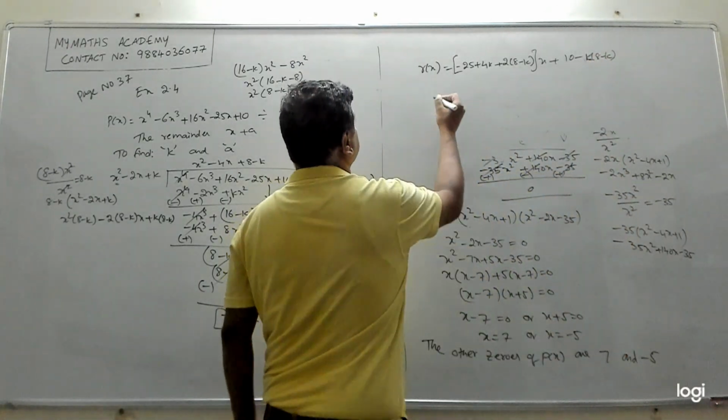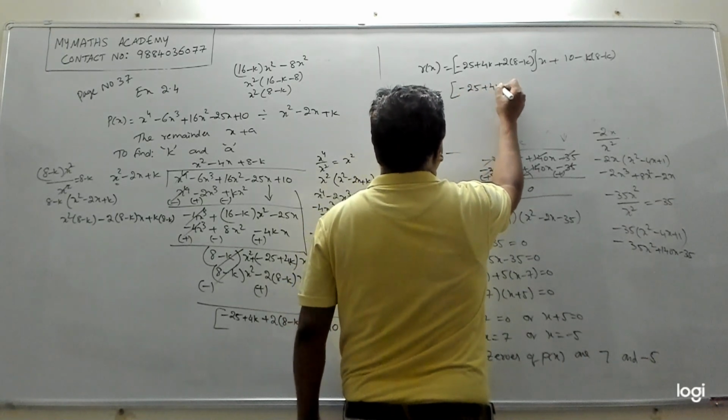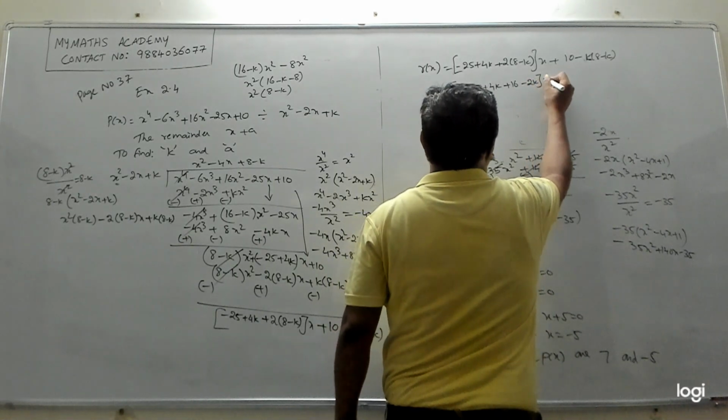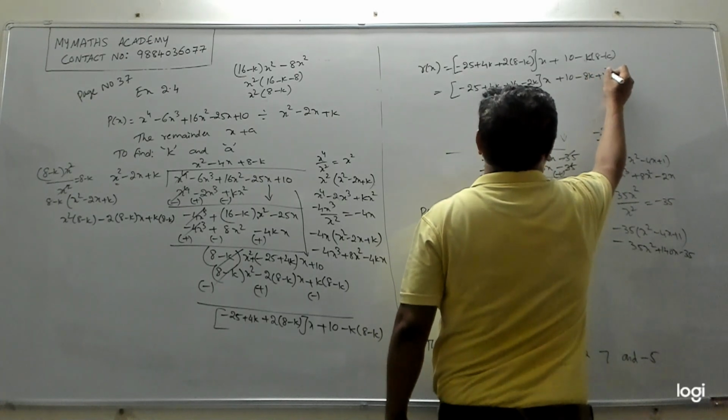Fine. So now if you do this, you get minus 25 plus 4k plus 16 minus 2k whole into x plus 10 into minus 8k plus k square.